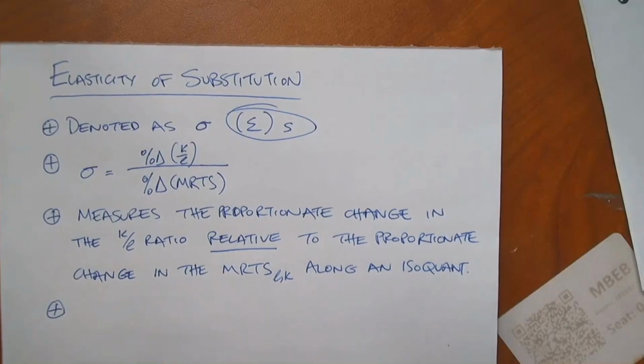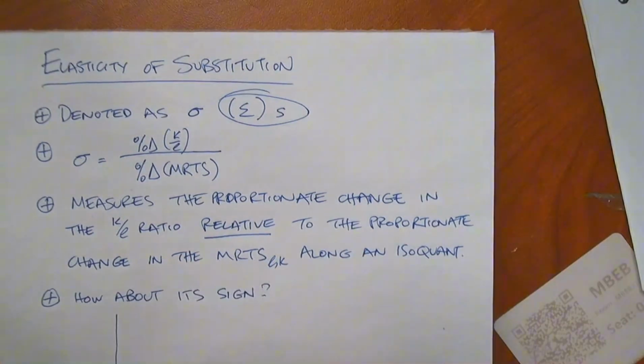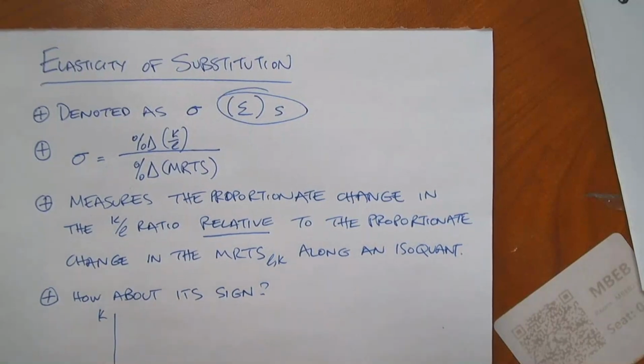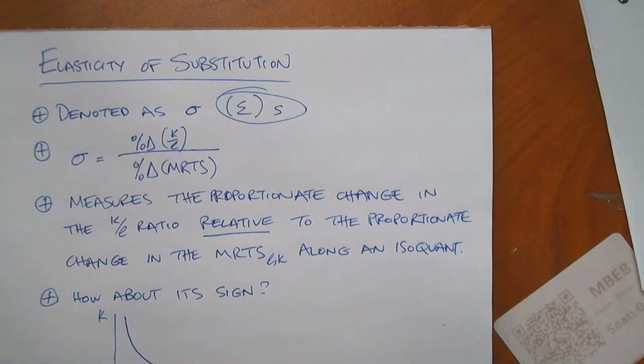What do we expect the sign of that thing to be? I'll show you a picture. So if you have, let's say, our standard diagram where we plot the space of our inputs, two inputs, capital and labor, and we plot this isoquant here.